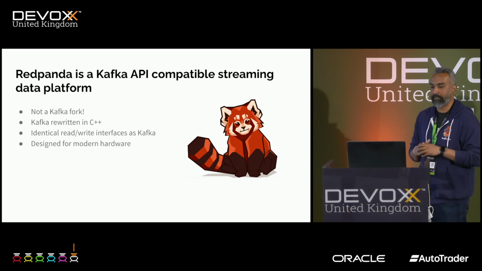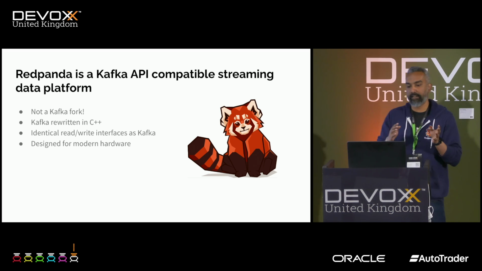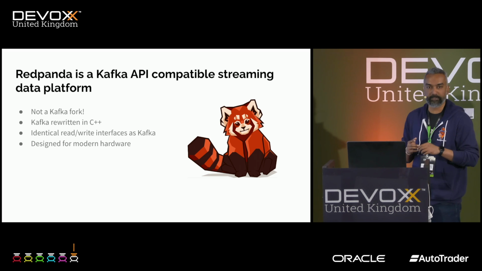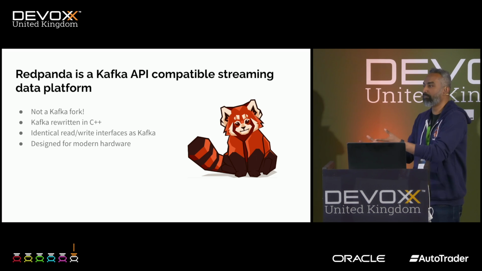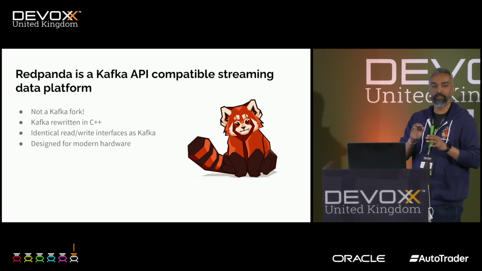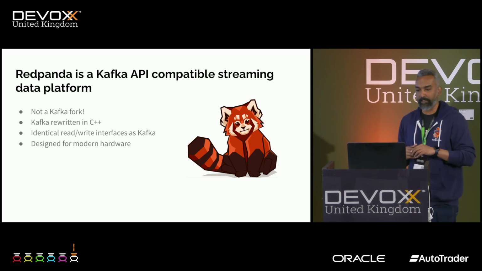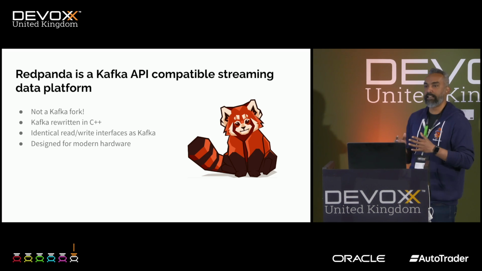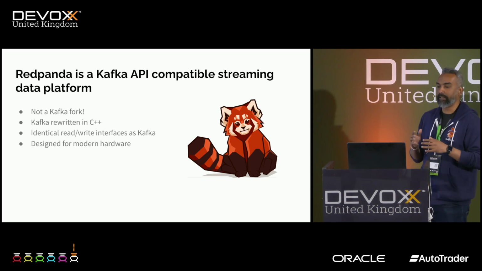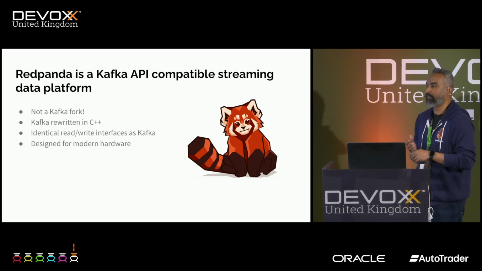And you can see Redpanda is write and read compatible with Kafka APIs. This means if you already have Kafka producers or consumers, you can seamlessly migrate them to Redpanda without even writing a single line of code. And the nice thing about Redpanda is, even though it speaks the same language as Kafka, it has drastic differences in its architecture.